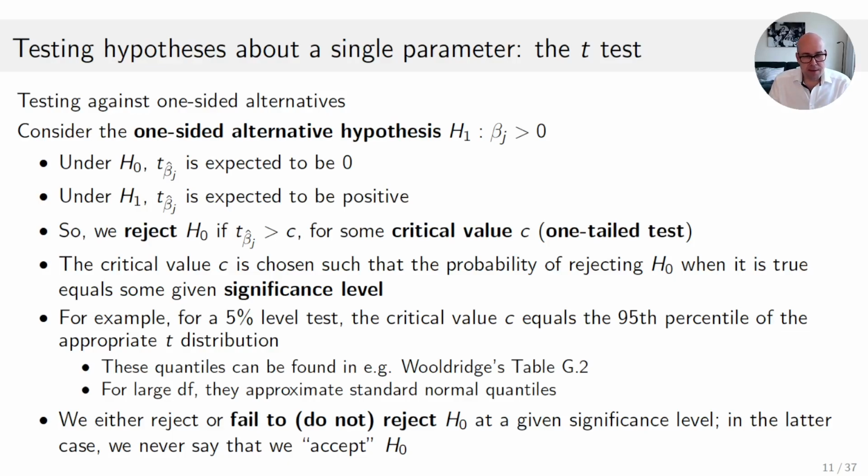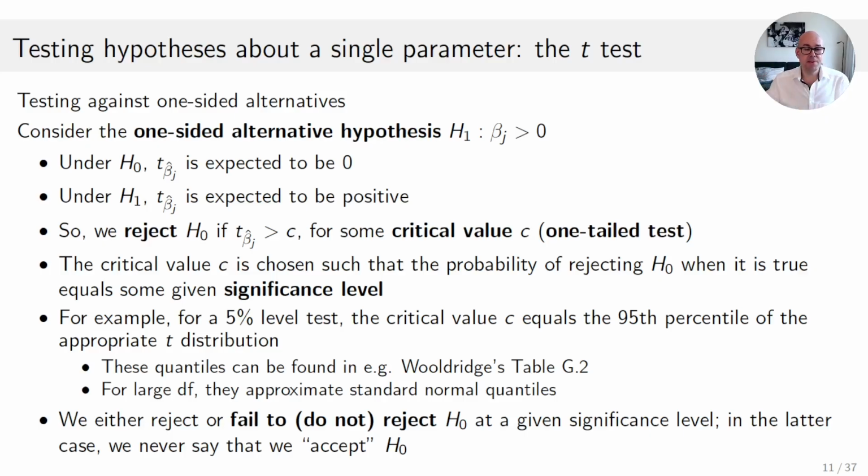Good. So let's first think this through for one-sided alternatives. A one-sided alternative hypothesis, as I said, would be, for instance, that beta j is greater than 0. So what that means is that under the null, the t-statistic, t of beta j hat, is expected to be 0, whereas under the alternative, the t-statistic is expected to be positive.